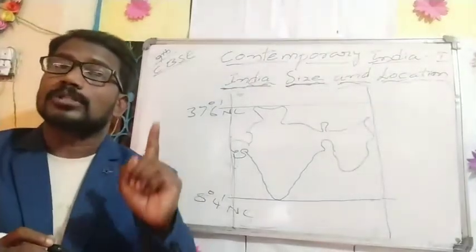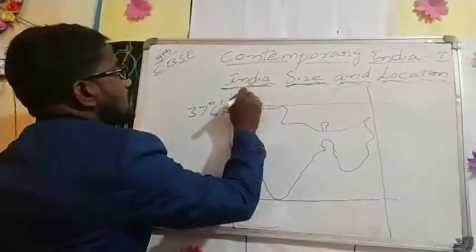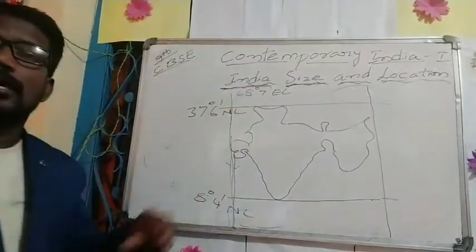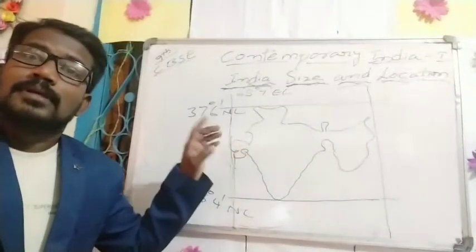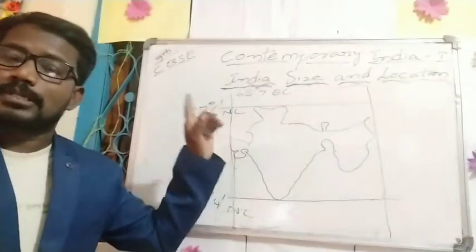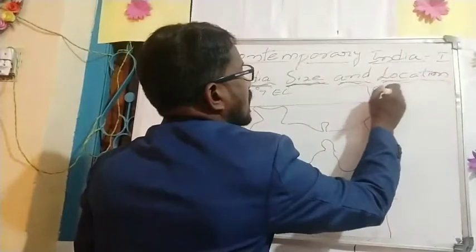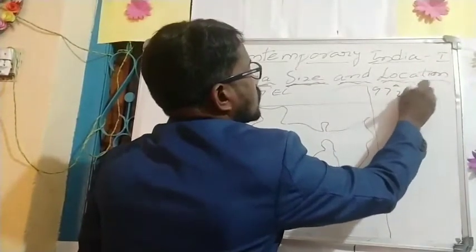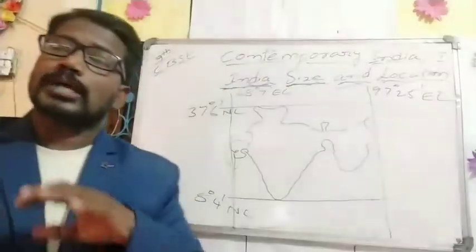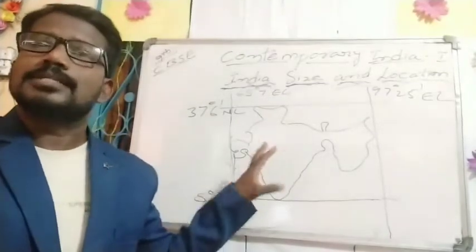I am talking about longitudes only: 68 degree 7 minutes east longitude, the location of India, to 97 degree 25 minutes east longitude. Latitudes completely north, longitudes completely east. So this is the location of India.